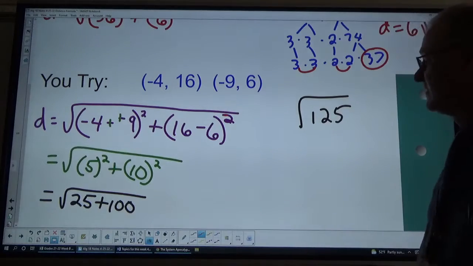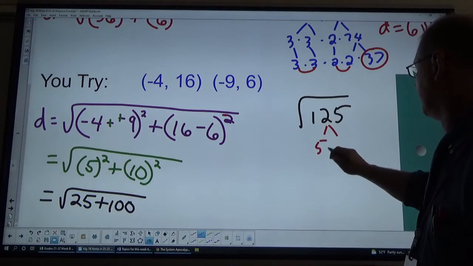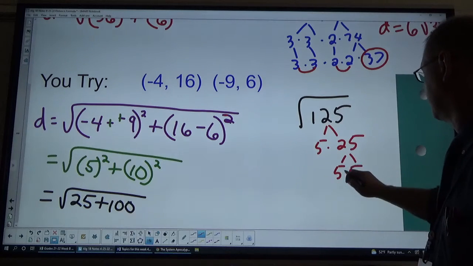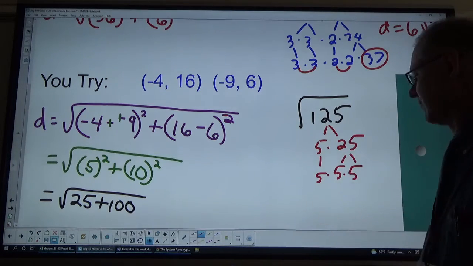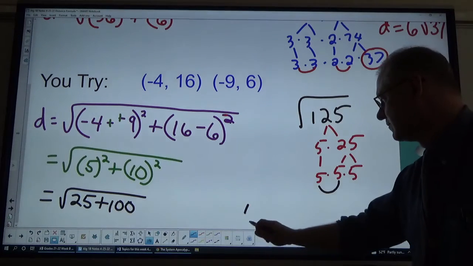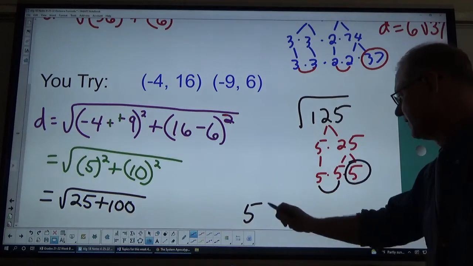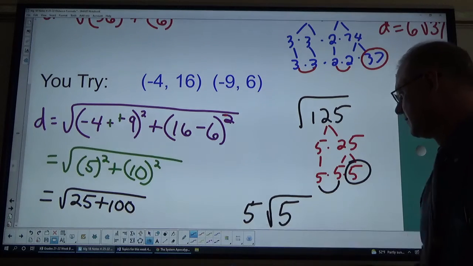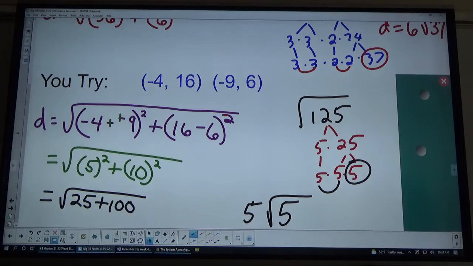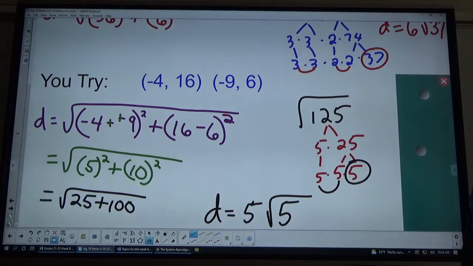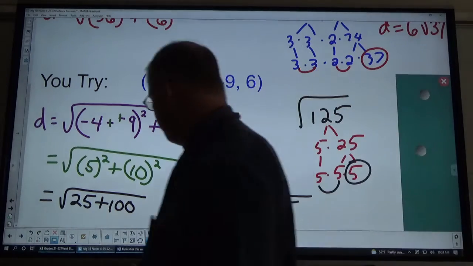Now it's pretty obvious 5 goes into there 25 times, and I've got 3 5s. I need a pair to pull one out, and that leaves just 1 left over inside. And there you have it. 5 square root of 5 is what the distance is here. Hopefully you got it right.